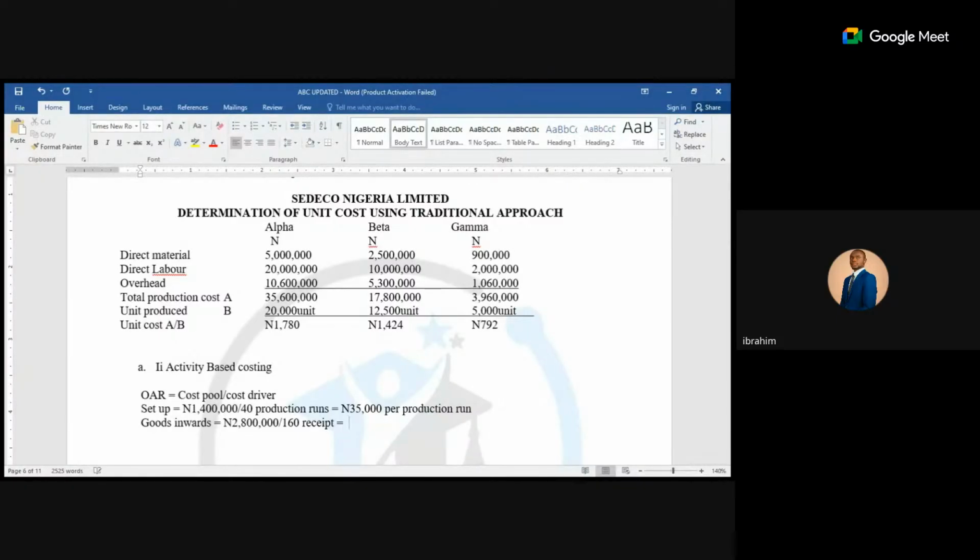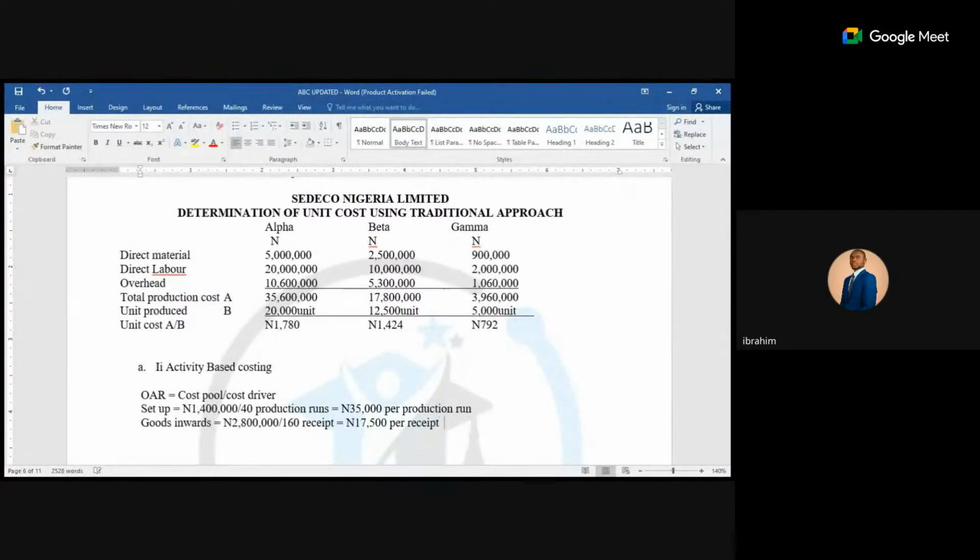What do you have when you divide? 17,500 per receipt.